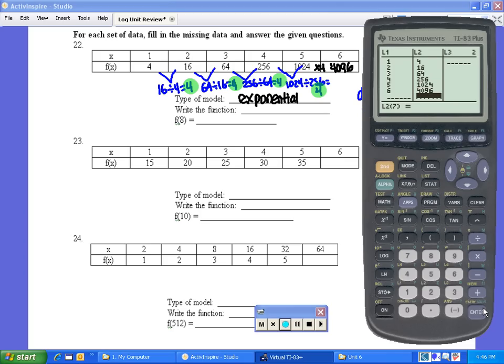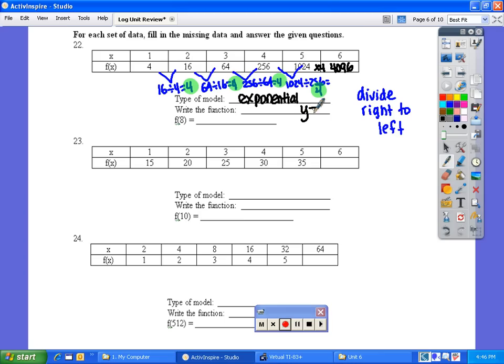So now you put your numbers in. And then you just press stat, calc, and then you can just press the number 0 and press enter, and that gives you your answer. So the function for this exponential function is y equals 1 times 4 to the x. And don't forget your y equals, because I will take off points if you forget that.